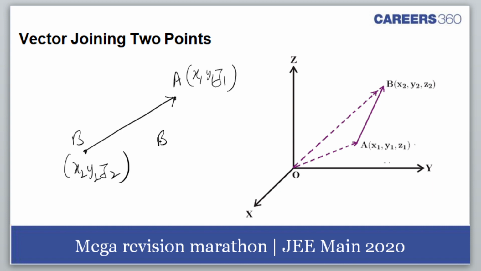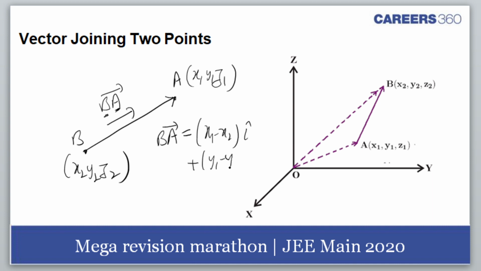So, do you realize this vector would be known as the BA vector? The terminal point you write last, the initial point you write first. So the BA vector is given as the difference of these two vectors, that is x1 minus x2 i cap plus y1 minus y2 j cap plus z1 minus z2 k cap.